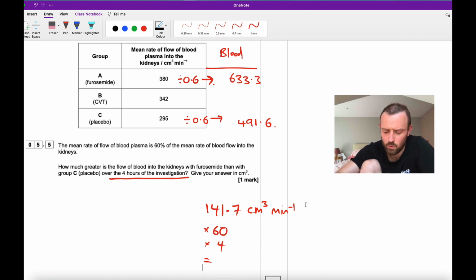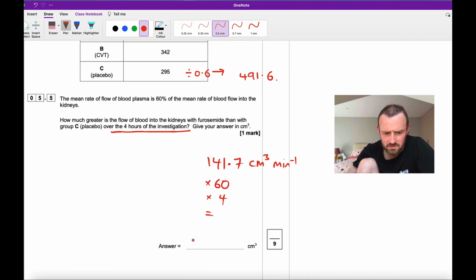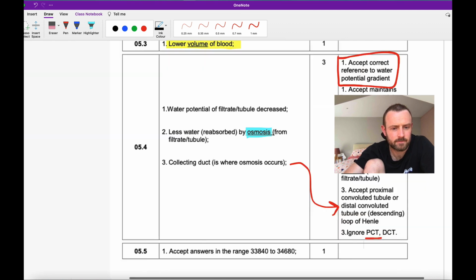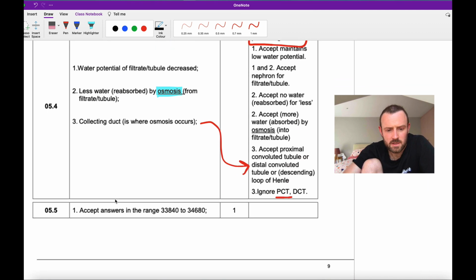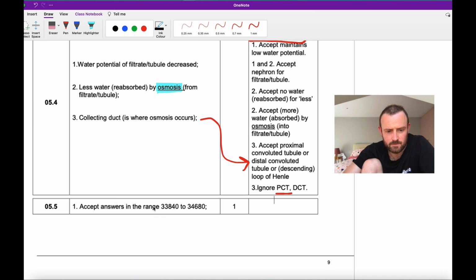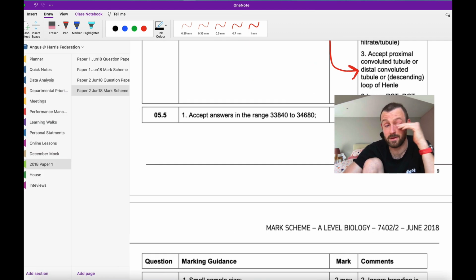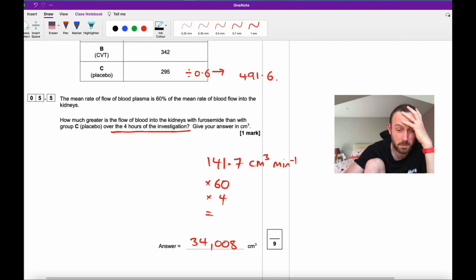Is that 34,008? Right. Was that right? Let's see. Yes, it is. Somewhere between 33,840 to 34,680. That's a hard one for 1 mark. I'm quite amazed that's a 1 marker. I would have thought it would have been 2.